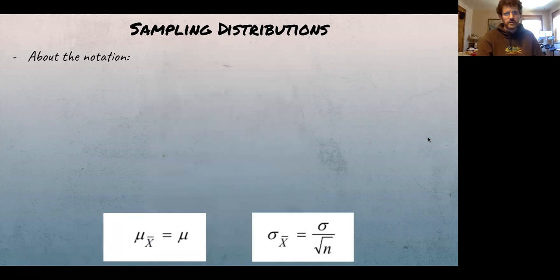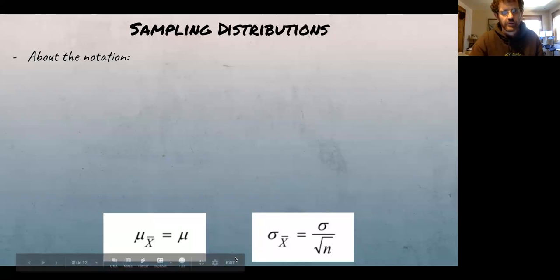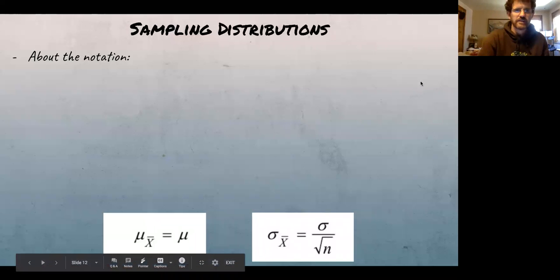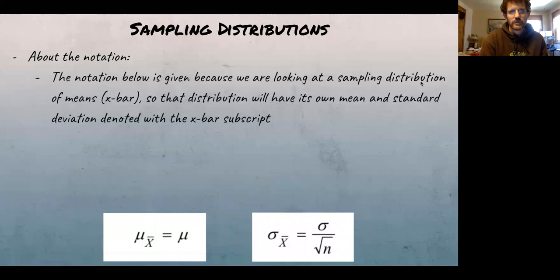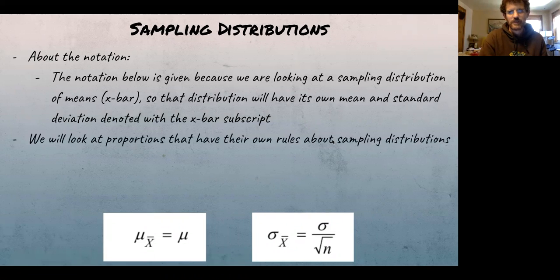All right. So now about the notation. If you read through the chapter, we have different things to expect if we're dealing with proportions. We're not going to talk about that today. I will talk about that another time. So this notation is telling us that mu, which always represents the population mean or the model mean, is equal to the average, the mean of our sample means.